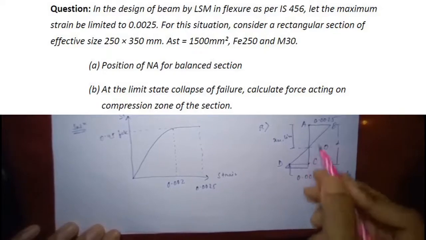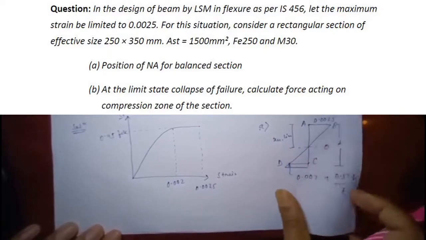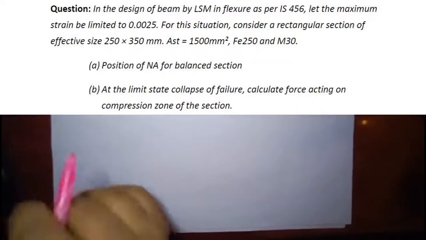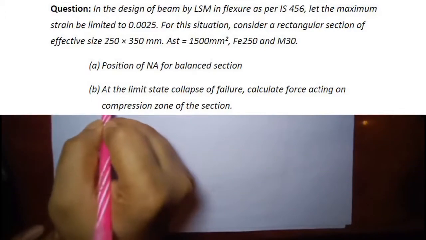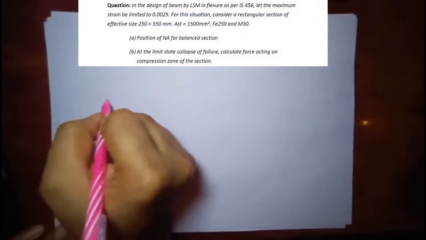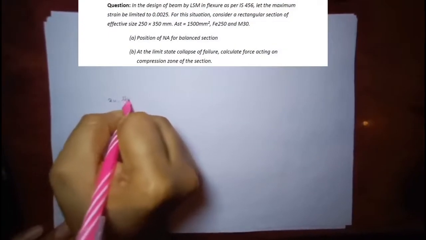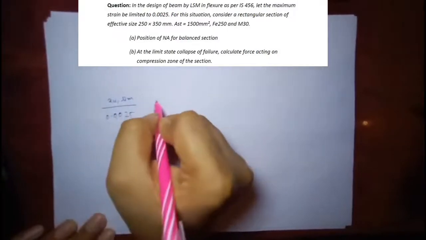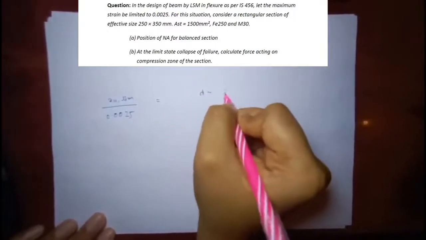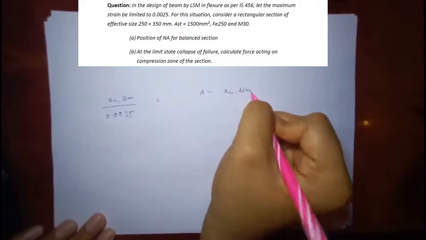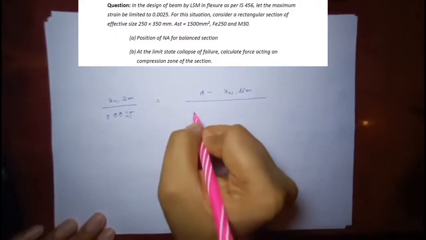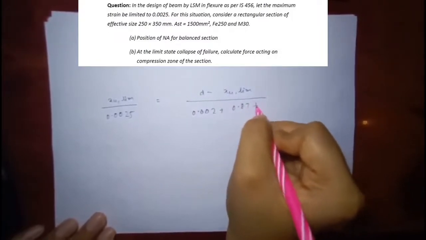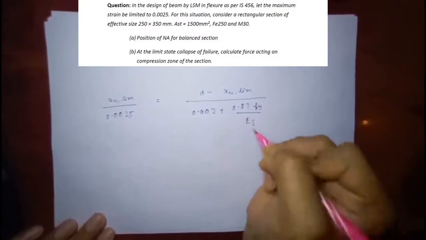So now let us consider that these two are similar triangles. For similar triangles, xu limit upon 0.0025 is equal to d minus xu limit upon 0.002 plus 0.87 fy by Es.